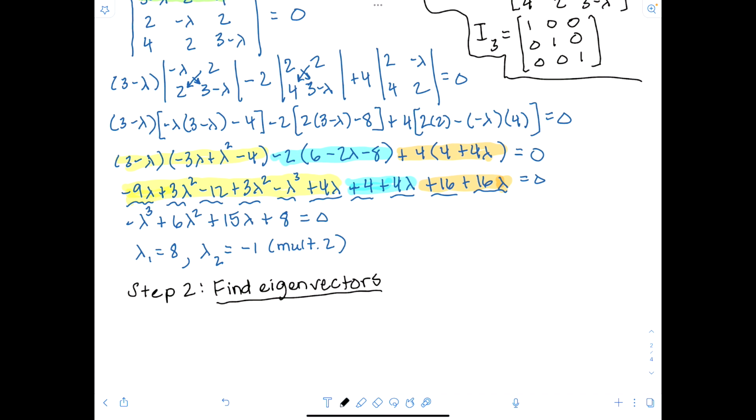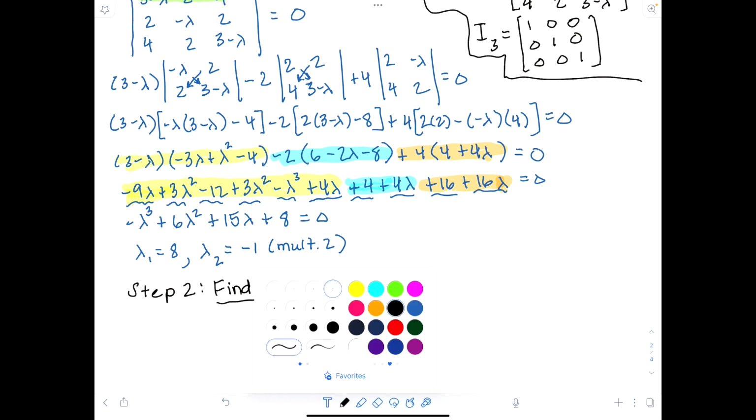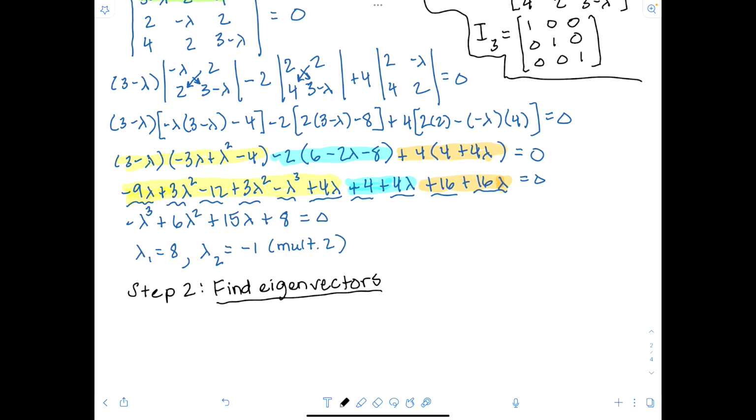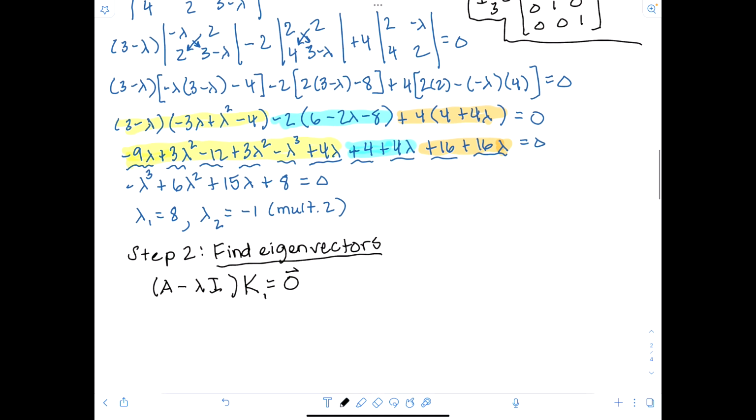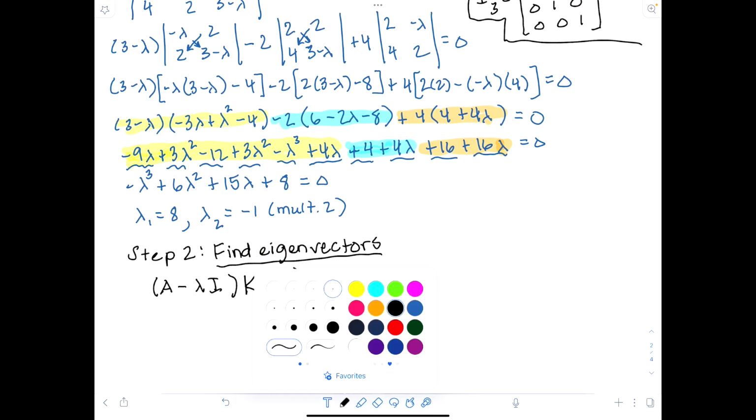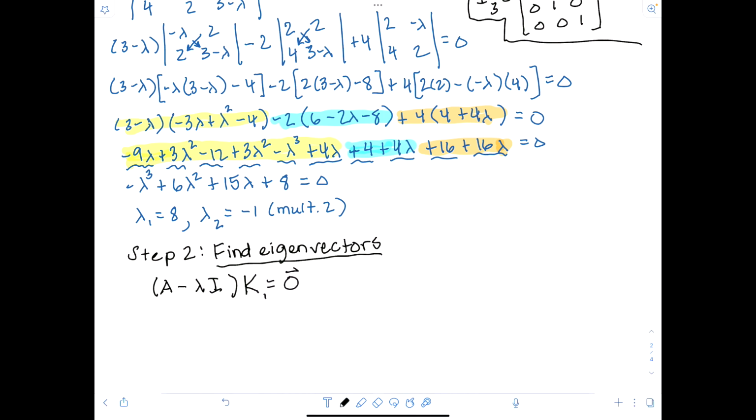Okay, so with the eigenvectors, remember that you're looking at A minus lambda I times K, the vector K, equals the 0 vector. So we'll call it K1. All right, and so actually, you know what?